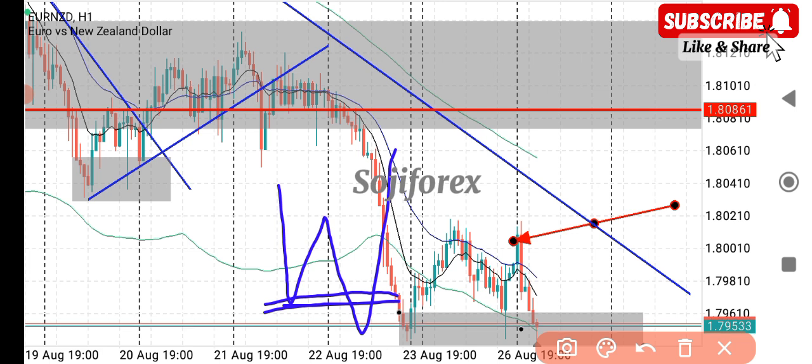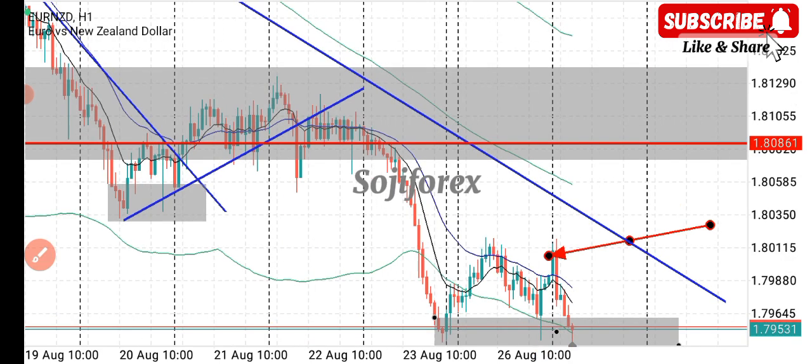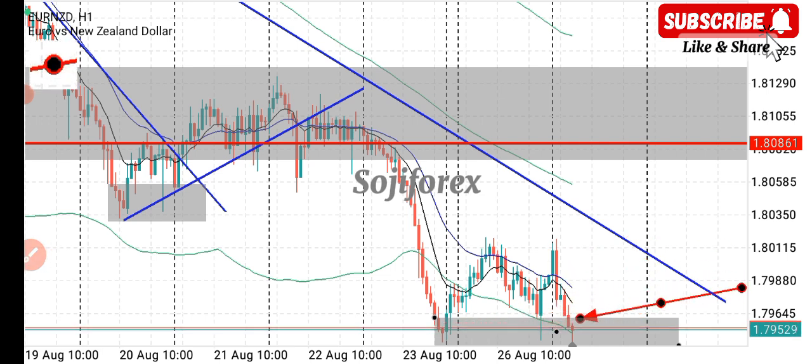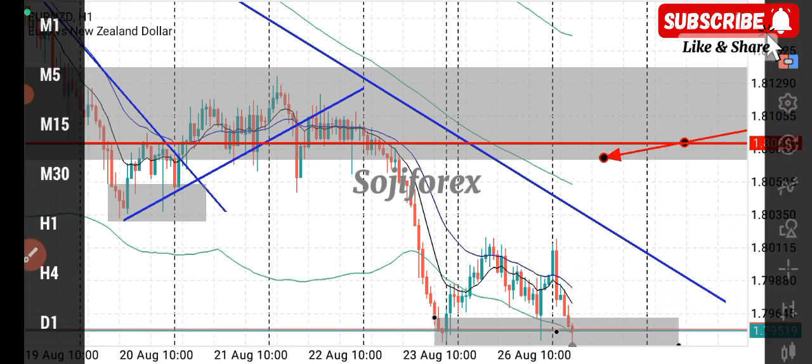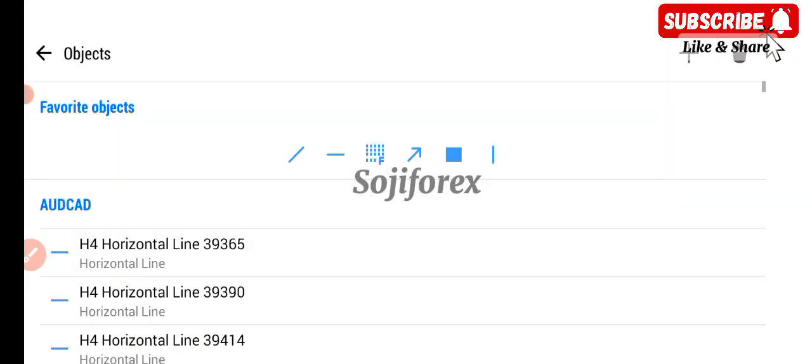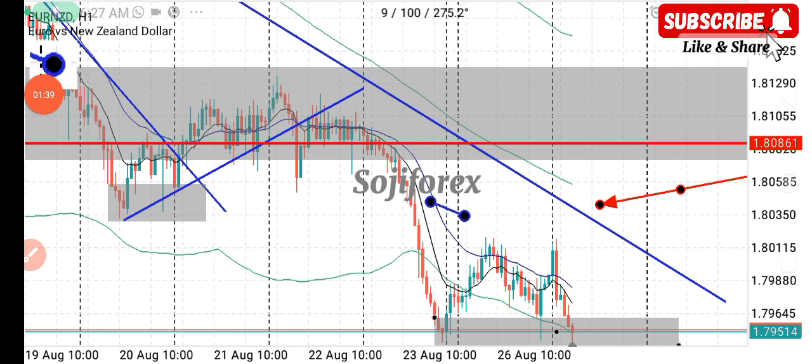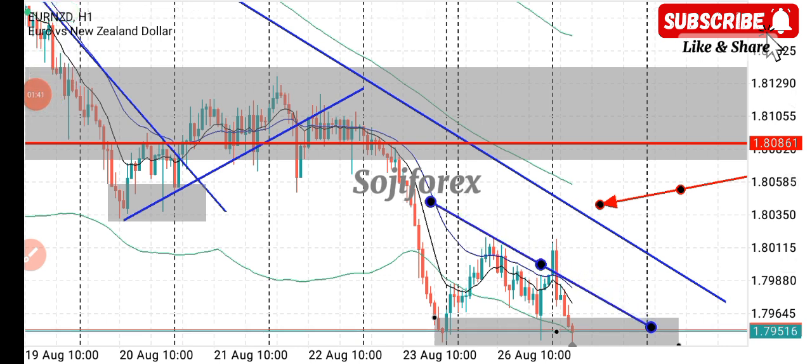So it can sweep this liquidity before it will go to the upside. But already we have it marked out, and we are waiting for what candlestick formation this will give us. If it gives us a pin bar or an engulfing candle, then we will decide on what exactly to do at this point. And then we'll have our trend line. So let's wait to see the outcome of this movement.